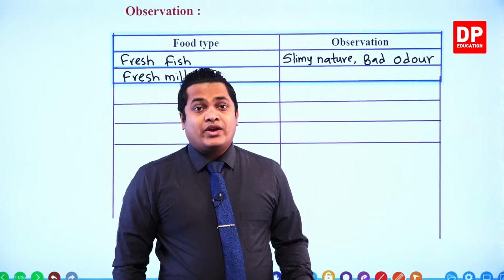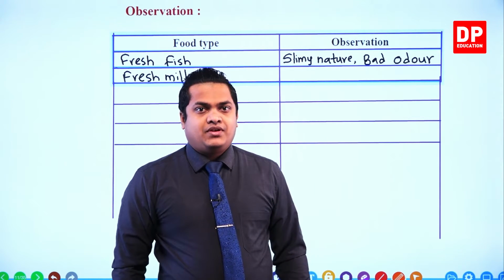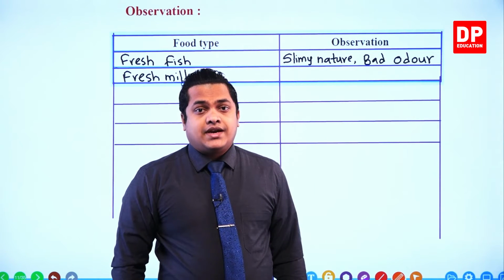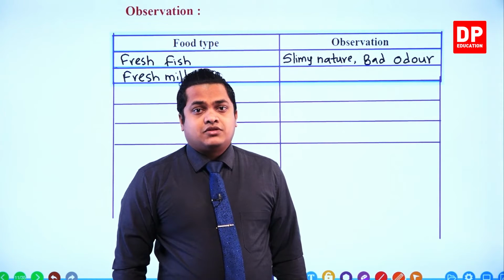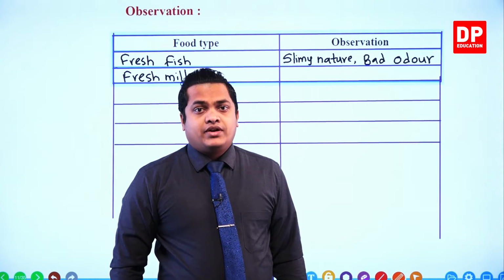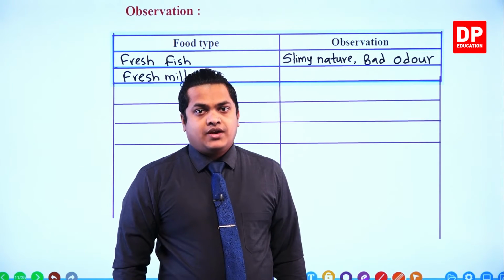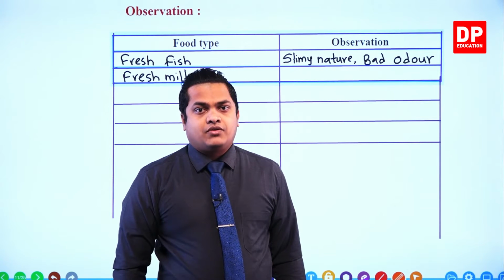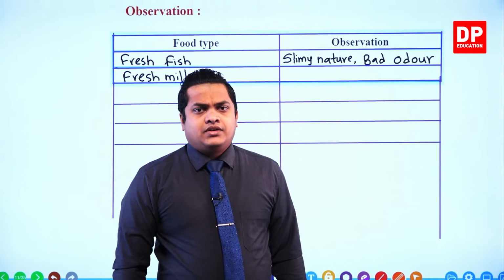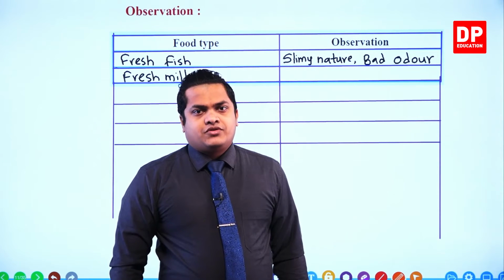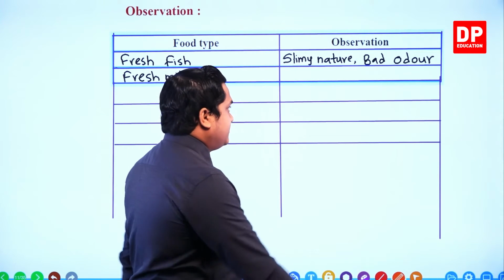So the milk has coagulated and a pale color can be observed. And the other thing is that the smell is also going to change. A bad odor is given out. Okay, bad odor is also given out. You do this at home, it's a very simple activity, no? Right? So these are the observations. So we'll write down our observations.